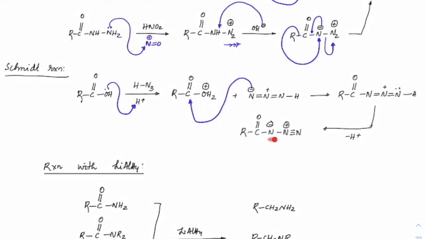After the attack, H plus will come out of it. Again you have the same system: N2 as a leaving group, R will migrate here, the double bond will close, N2 will leave.